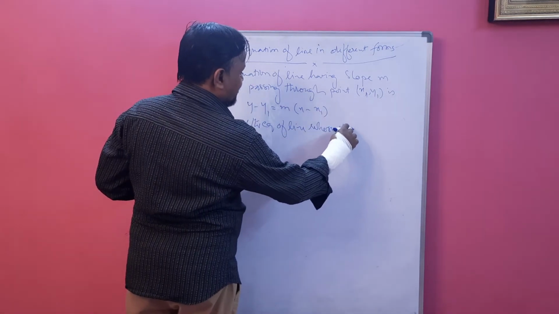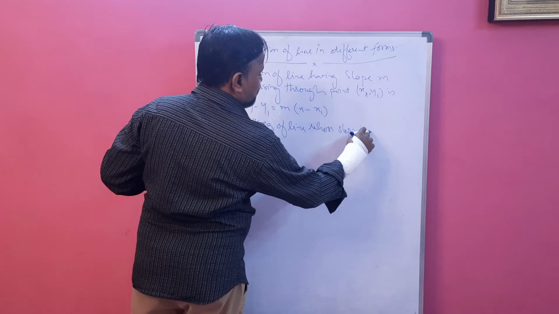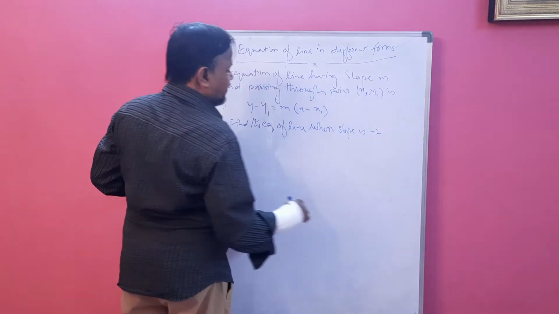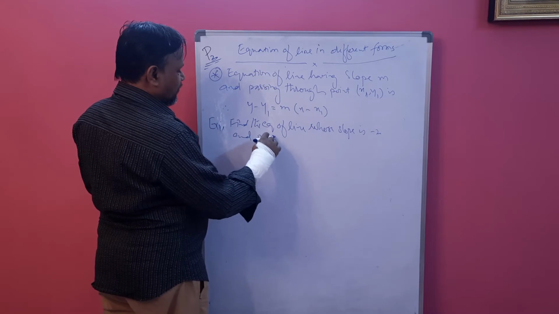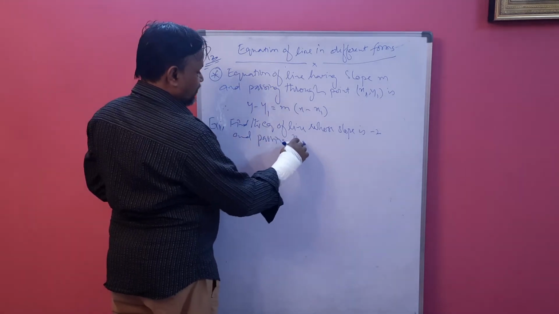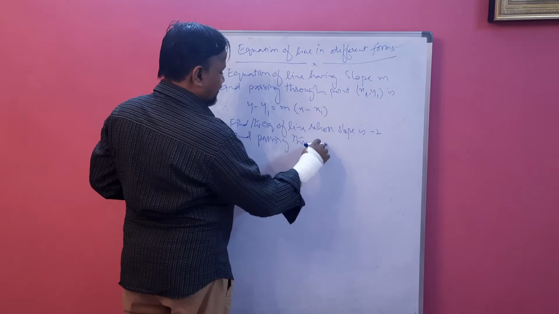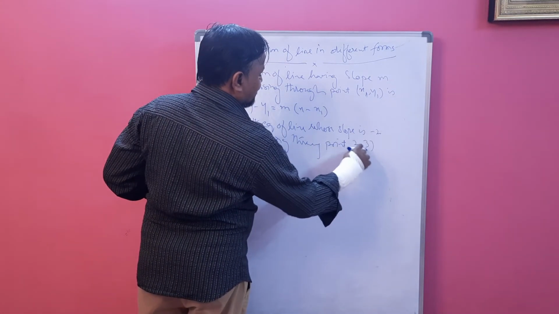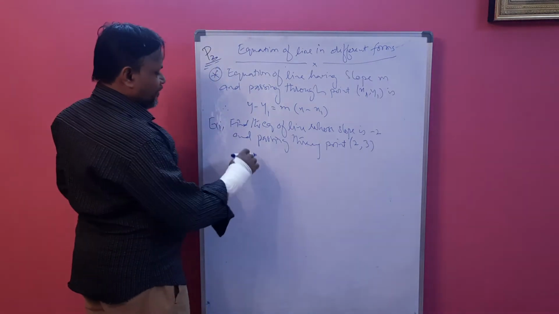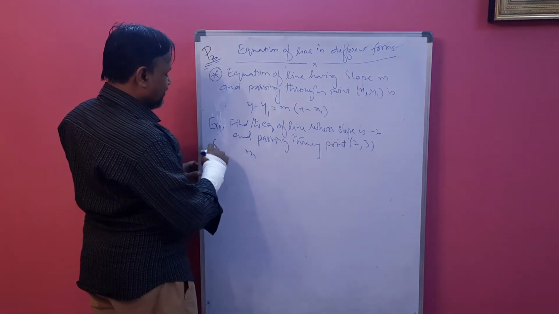slope is minus 2 and passing through a point 2 comma 3. Okay, now you know that m is what?